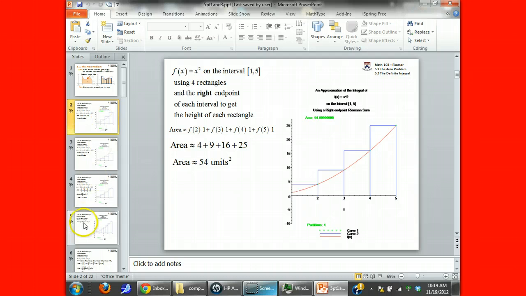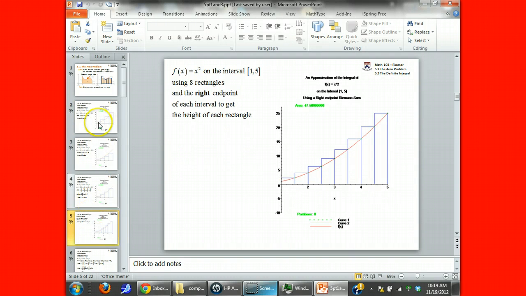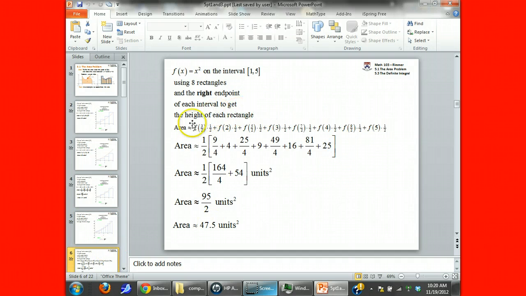So here it is with 4 with the right endpoint. Here it is with 8 with the right endpoint. Then here's the calculation. You take it at 3 halves, at 2, 5 halves, at 3, 7 halves, at 4, 9 halves, and at 5.